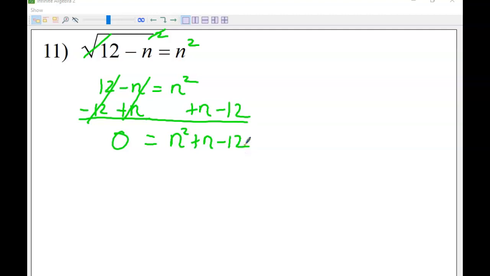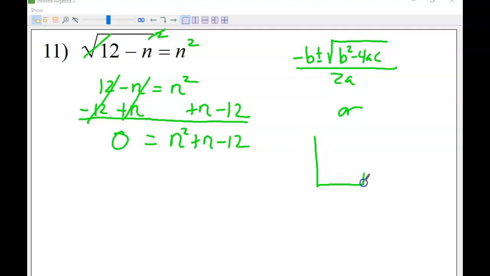Now at this point you can use the quadratic formula if you are comfortable with that. It will work. But that's not how I'm going to do it. I'm going to go ahead and go with a factoring approach. But the quadratic formula does work. So I'm going to factor this. Put n squared here, negative 12 here.